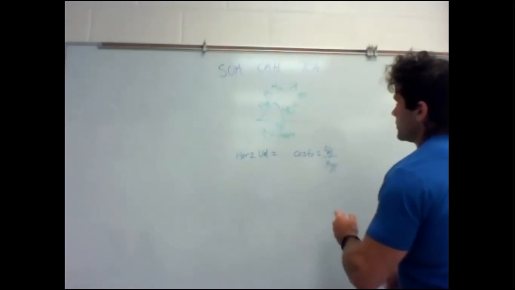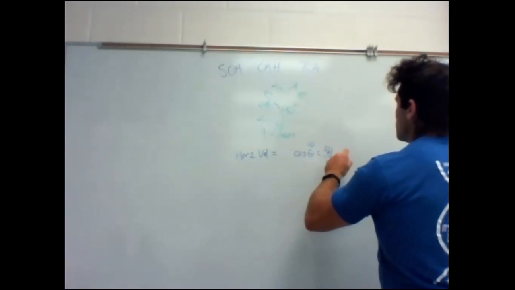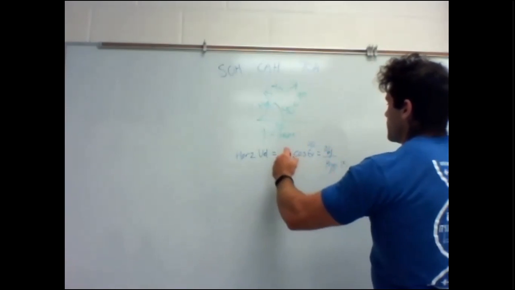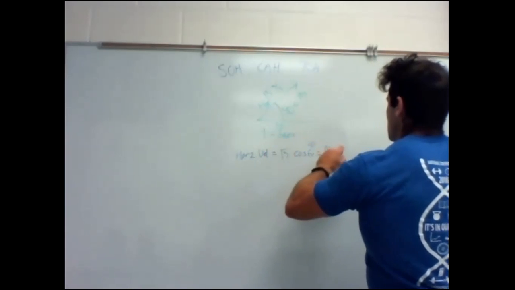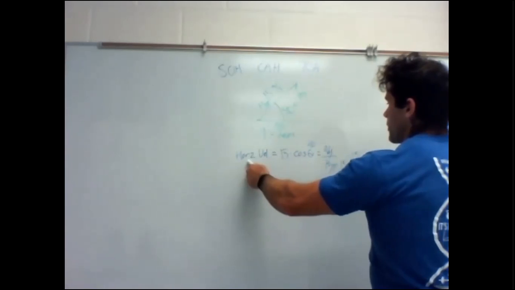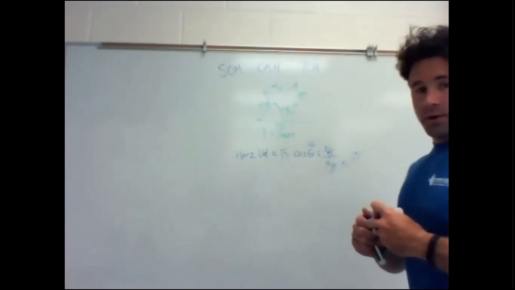Specifically here, the angle is going to be 40 degrees. The hypotenuse is going to be 15. So we're going to multiply both sides by 15. And that leaves us with our horizontal velocity equals 15 times the cosine of 40 degrees.